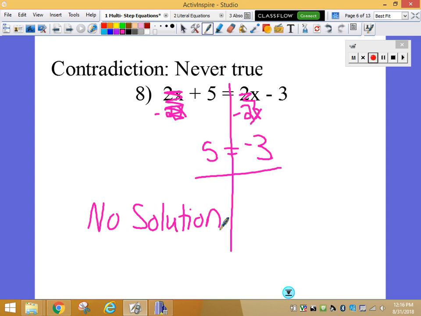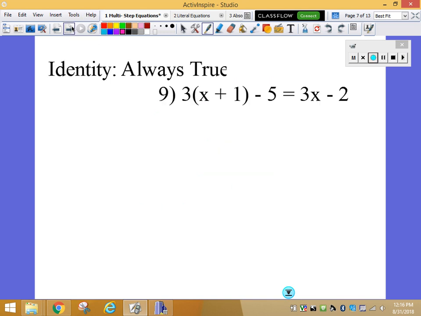That means there is no number that we could plug in to x so that we would get the same thing on both sides. There's nothing, okay? There is no number, there's no solution that we could plug in for x so that we get the same answer on the left and the right, okay? That's a contradiction. An identity is when it's always true, okay?